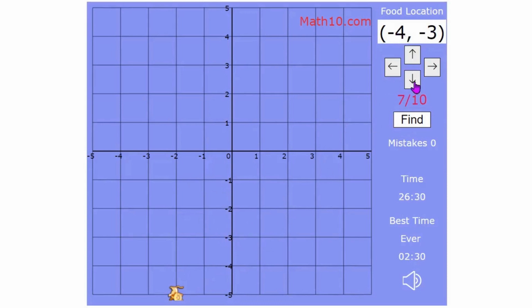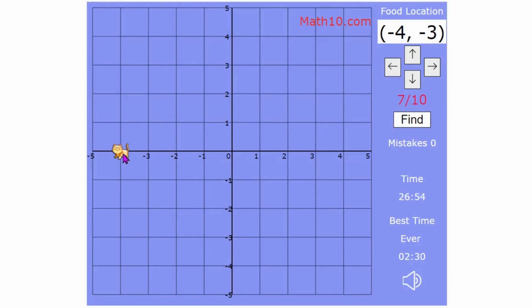Next is -4 and -3. So let's move Kali back to the original position. That's the origin, of course. Moving to -4 along the x-axis, use the arrow left. 1, 2, 3, 4. There. You have reached -4 and then -3 along the y-axis.